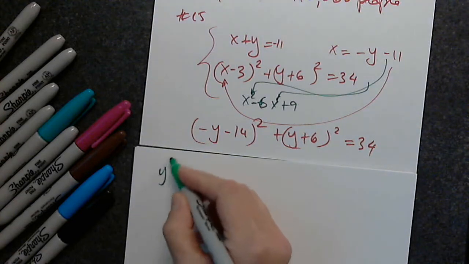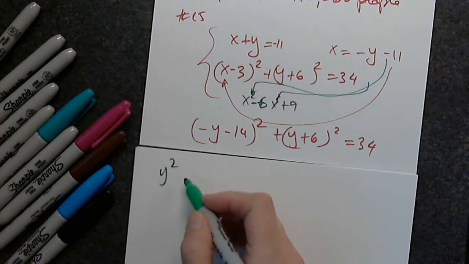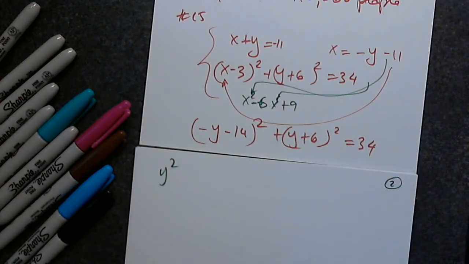Yes? Y squared. Okay. We discussed that from the first day of classes. How many terms we get when we square a binomial? I'm so sorry. I apologize. I don't want to upset you.